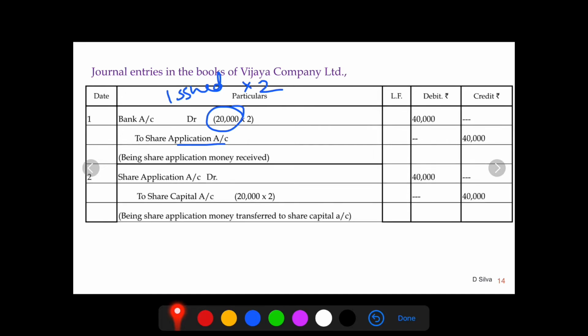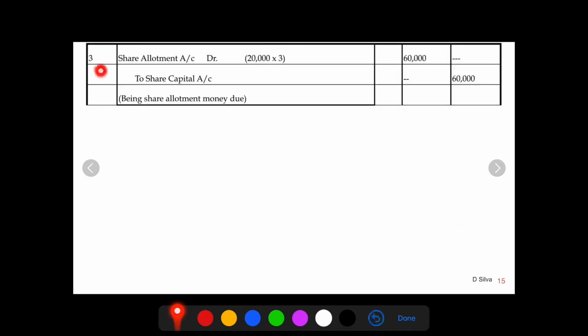Next, share application account debit to share capital account, being share application money transferred to share capital account. The money which was received is now being transferred. On 20,000 shares which are being issued of rupees 2 on application, amount being debited and credited is 40,000. Journal entry 3.